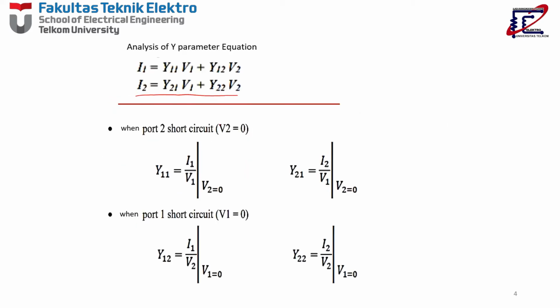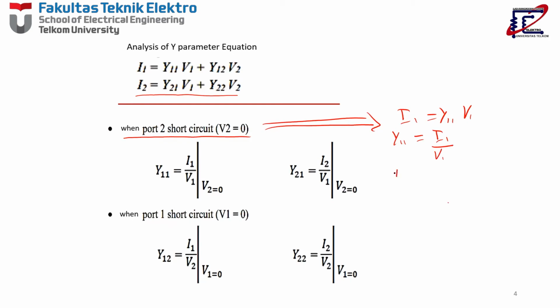From these equations, we can analyze the Y parameter. To analyze the Y parameter, we condition port 1 and port 2 alternately. When port 2 is short circuit, I1 equals Y11 multiplied by V1, so Y11 equals I1 over V1.